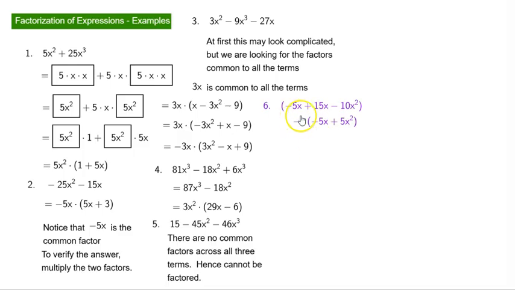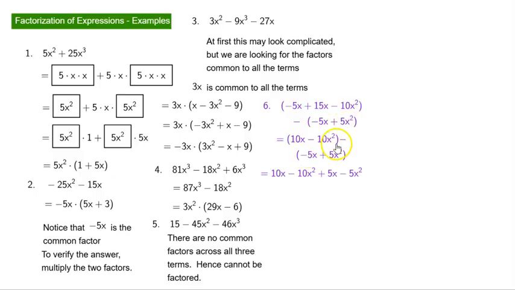Sixth one, minus 5x plus 15x minus 10x square, minus, within brackets, minus 5x plus 5x square. So basically we are subtracting two terms. For any operations that we carry out using algebraic expressions, make sure that they are all in factored form. So here like terms are there, minus 5x plus 15x is 10x minus 10x square minus, bracket, minus 5x plus 5x square.